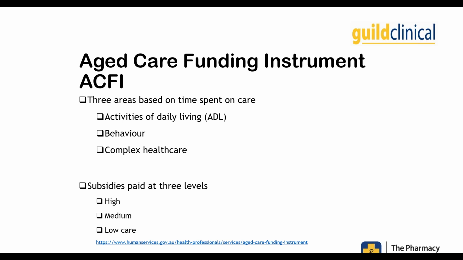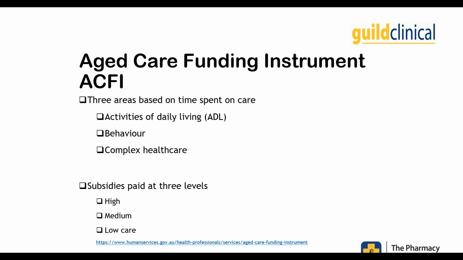And subsidies are paid at 3 levels. So high care, medium care, and low care, and they actually time how long it takes to do all the activities that they need to do. Many assessments, such as pain assessments, were not routinely done before ACFI, so there's actually a lot more information about the patient available now.